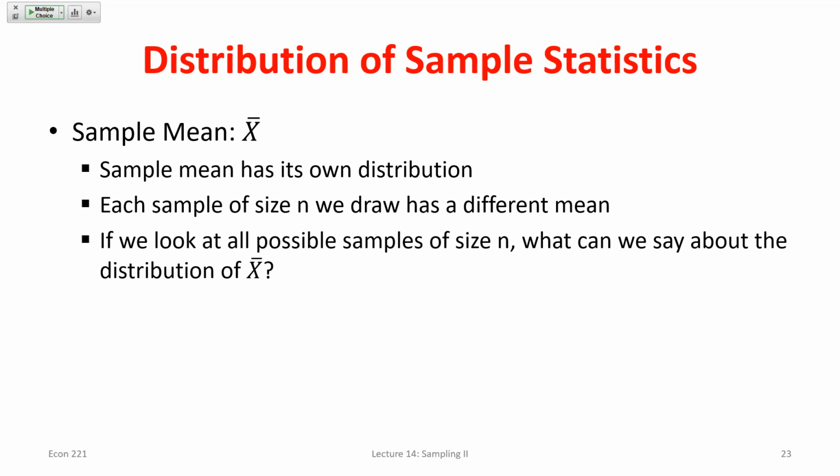Another way we say this is the mean of my sample means will be equal to whatever the original population mean was from the data I sampled from.